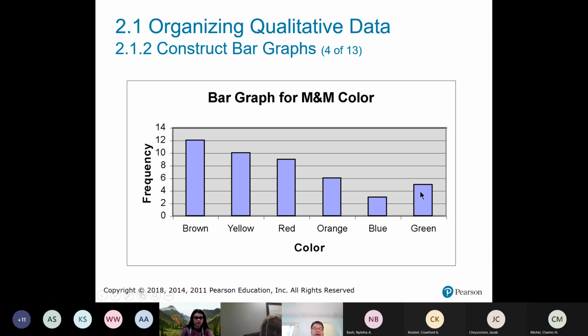And 40 plus 5 is 45. So there's 45 M&Ms in this package, unless I made a mistake. Y'all check my math. But you need to be able to read a bar chart. Okay, thank you.